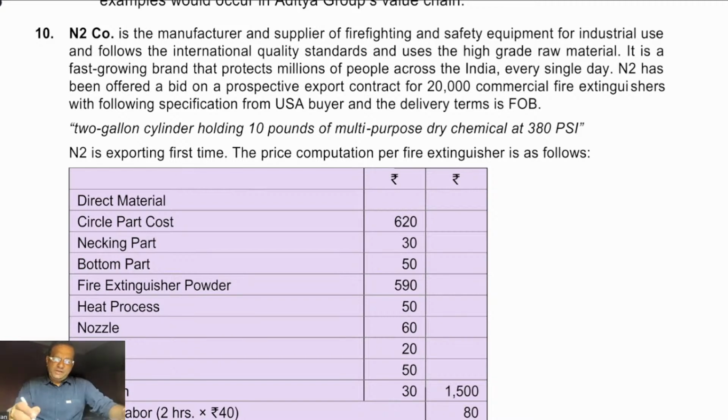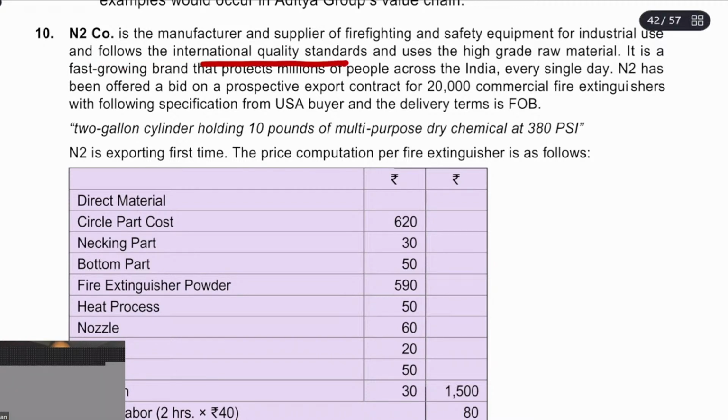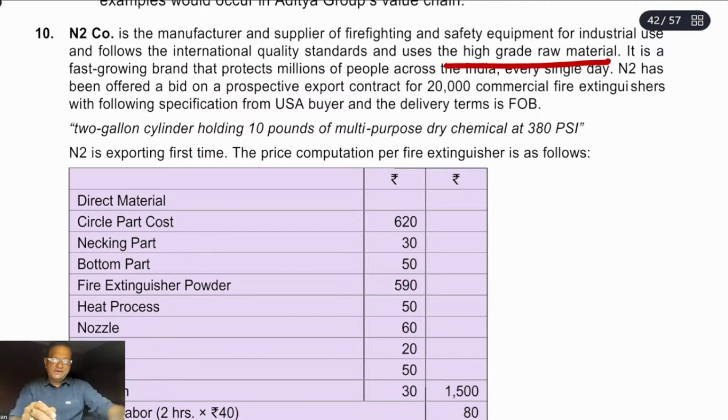N2 company is the manufacturer and the supplier of firefighting and safety equipment for industrial use. They manufacture firefighting and safety equipment used in the industrial sector, follow the international quality standard and use high grade raw material. It is a fast growing brand that protects millions of people across India every single day.